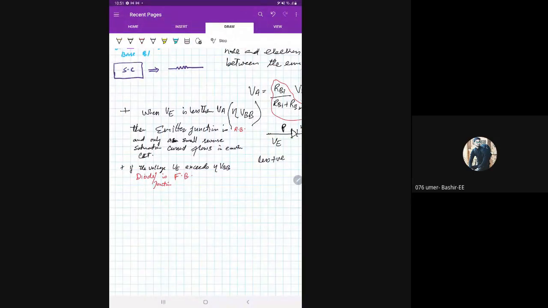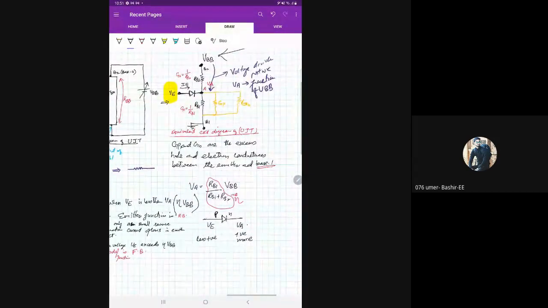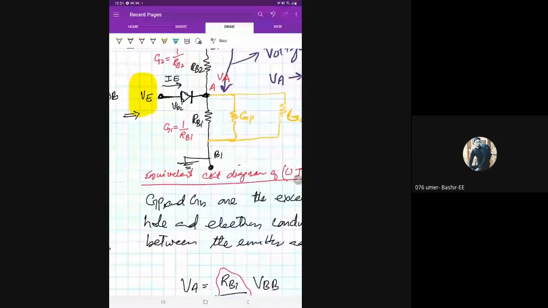By an amount equal to the forward voltage drop, or the built-in voltage of the diode. When you have a PN junction, you will have a built-in potential VBI also. So when VE exceeds VA by an amount greater than VBI, then it will be forward bias.